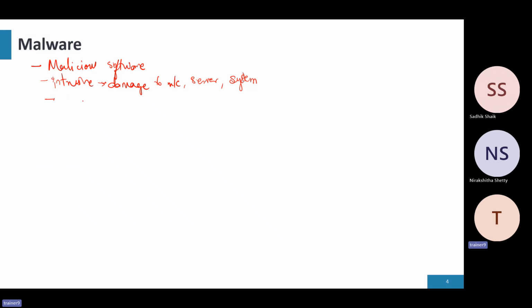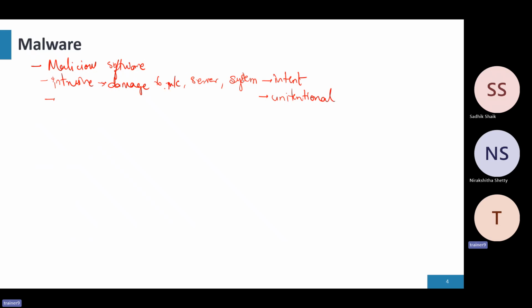There is an intention, there is an intent for which I want to do it. So that will get categorized under the definition of malware. But supposedly, if there is no intent, it happens sometimes that damage might be happening, but there is no intent, because I had unintentionally damaged my machine, servers and all.